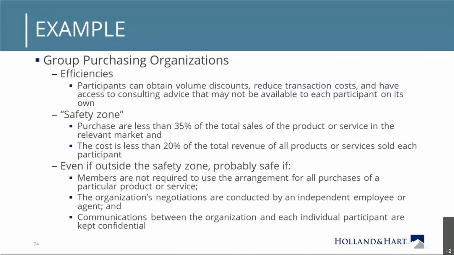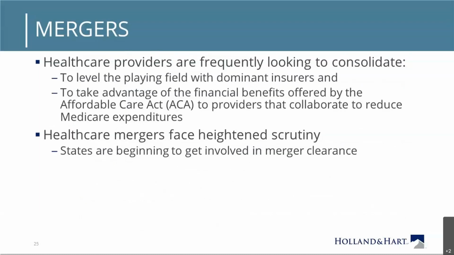Members are not required to use the arrangement for all purchases of a particular product or service. The organization's negotiations are conducted by an independent employee or agent, and communications between the organization and each individual participant are kept confidential. So even if you're outside of those percentages above in the safety zone, if you're doing these things, you're probably safe in your group purchasing organization, probably not at risk for antitrust exposure.